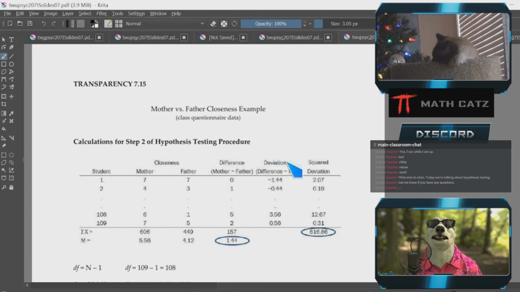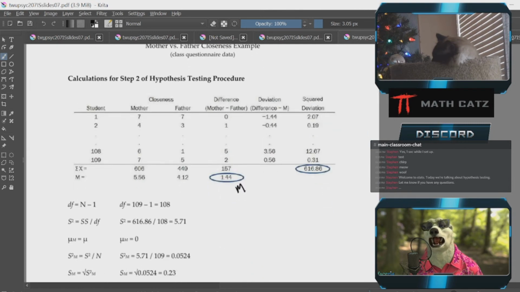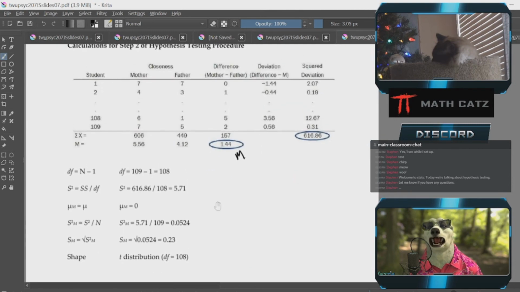And we get these difference scores, and from them we can square them and estimate the variance, of course. So we get the mean difference here. And if we keep calculating, we get the estimate for the difference population variance.